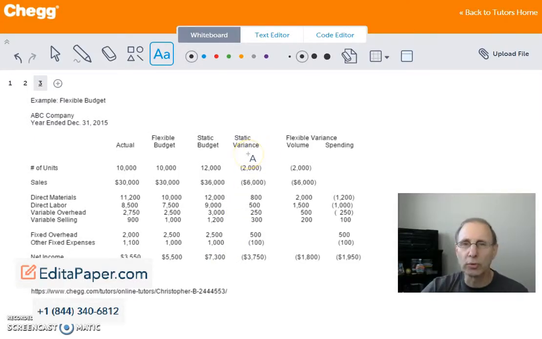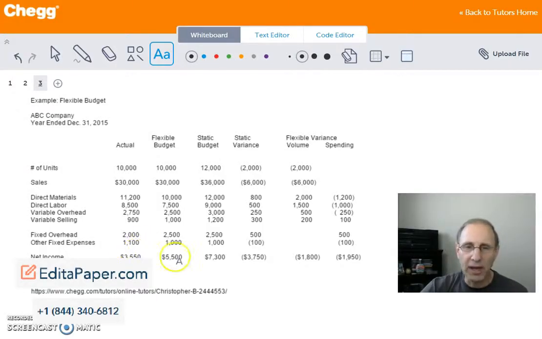Now, looking at the actual results for this same period, the actuals came in at 10,000 unit sales, where sales volume was $30,000, and we incurred the following expenses. For direct materials, $11,200; direct labor, $8,500; variable overhead, $2,750; variable selling, $900; fixed overhead, $2,000; and other fixed expenses, $1,100, which produced a net income for the year of $3,550.